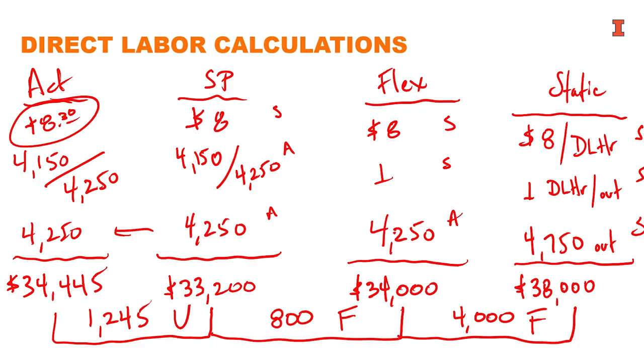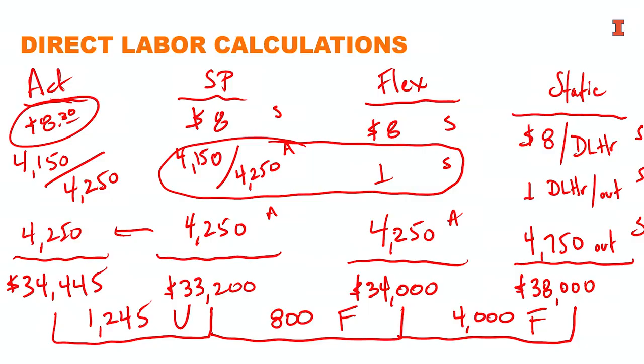Now I can look at these individual components and talk about why they're favorable or unfavorable to help with the interpretation. In terms of the efficiency measure, we used less than 1 hour of direct labor per unit of output. That means on average costs would be lower, all else equal. So that's going to be a lower cost, a higher than planned net income, a favorable variance.